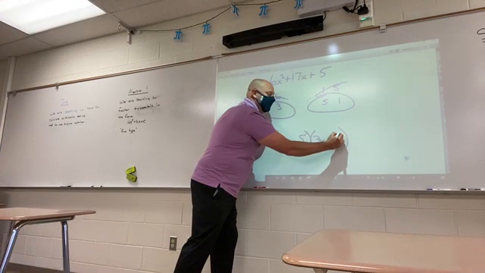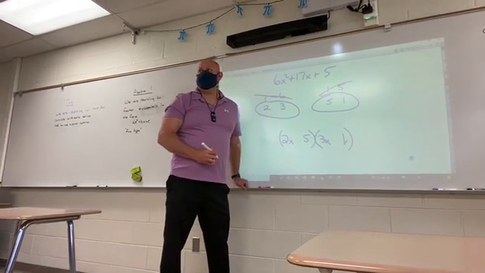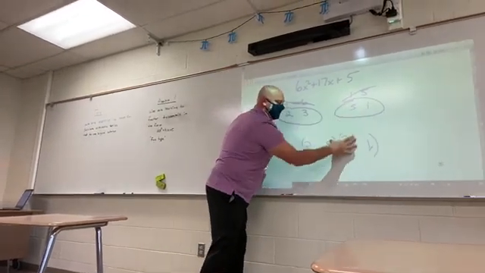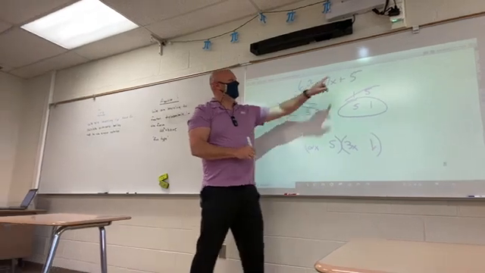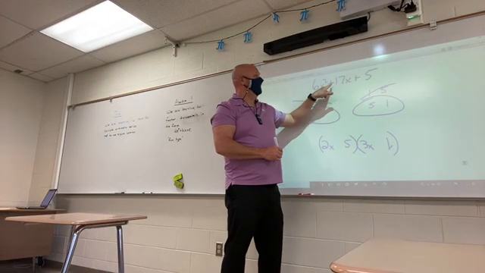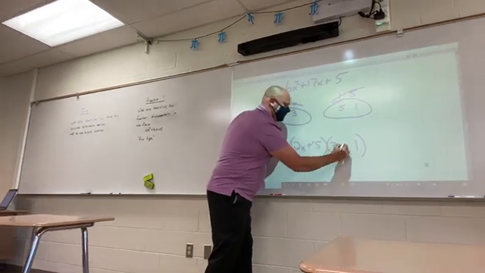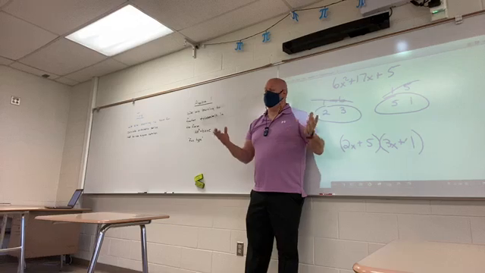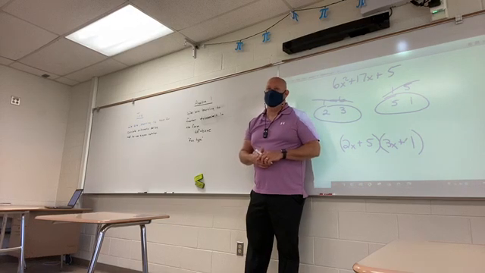This would have to be a 1. And they have to go in that order. 2, 3, 5, 1. My signs have to be the same. They're both positive. Now again, how could I check my answer? You could just FOIL it out and double check your answer.